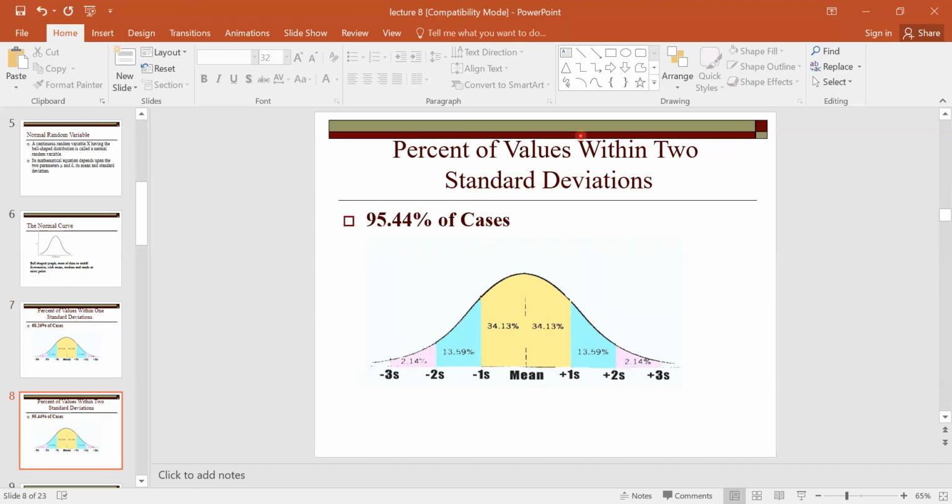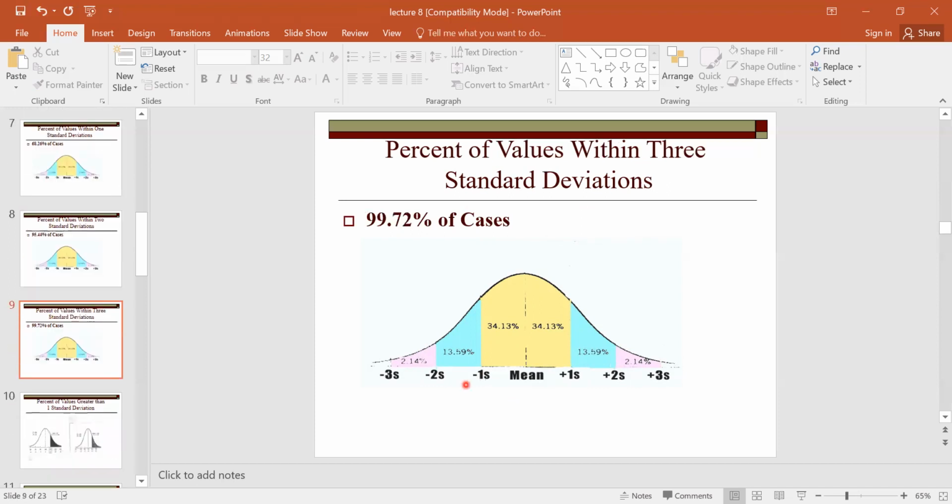Whereas for plus minus 3 sigma, this curve covers 99.72% of the cases, and the remaining leftover is this minor portion, which contains plus minus 4 sigma.